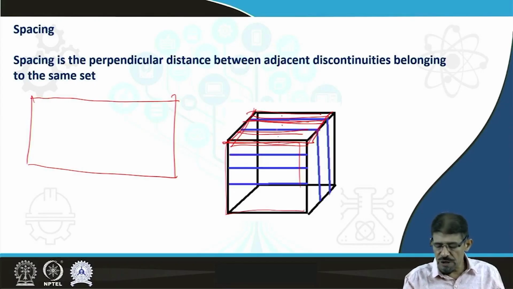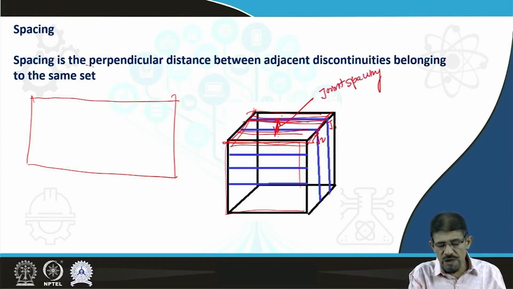So spacing means the normal distance between these two. Suppose here J1, here J2. The normal distance between J1 and J2 is the joint spacing.